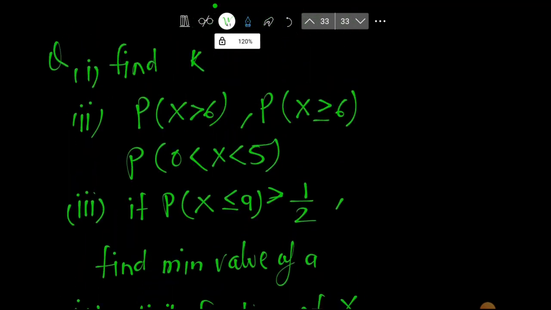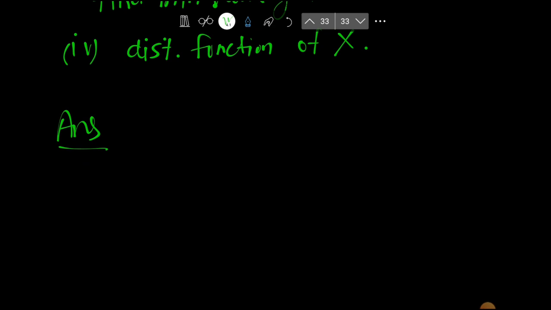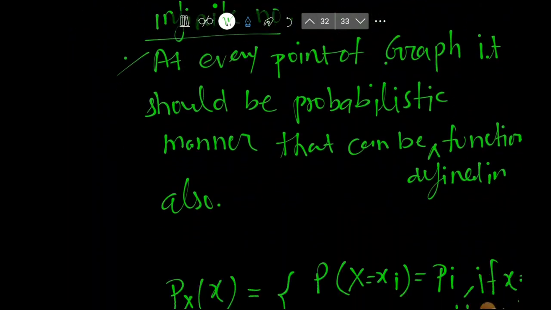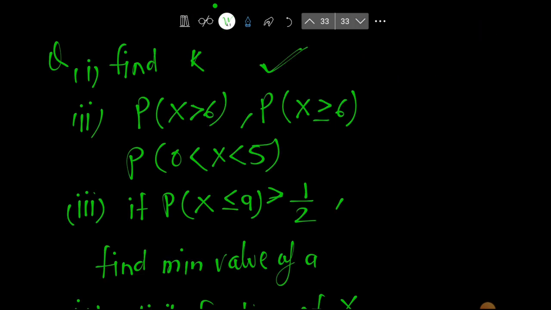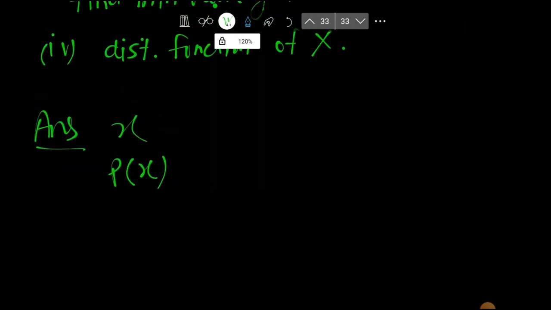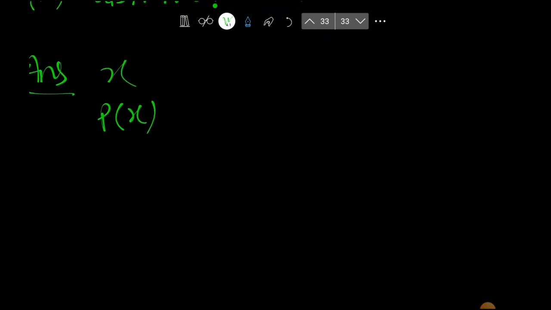Now the answer. First of all, find k. Here are the given values of x and p(x) in the question. First, we take the sum of p(x) equal to 1, because the sum of all the probabilities is always equal to 1.